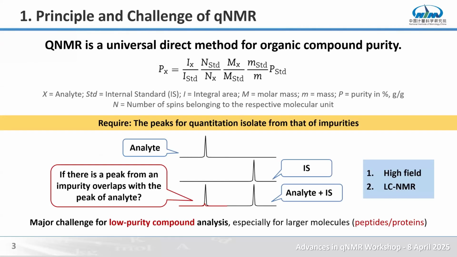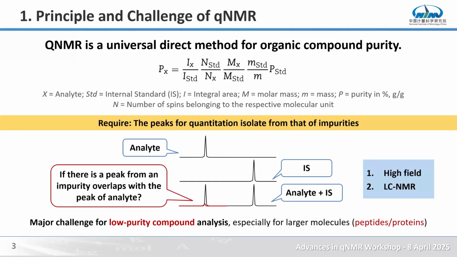The basic requirement for qNMR accurate purity assessment is that the peak for quantification needs to be isolated from that of impurities. However, sometimes it's difficult to achieve for low purity compounds, especially for larger molecules like peptides. If a peak from an impurity overlaps with the peak of the analyte, the result would be higher than the accurate value.